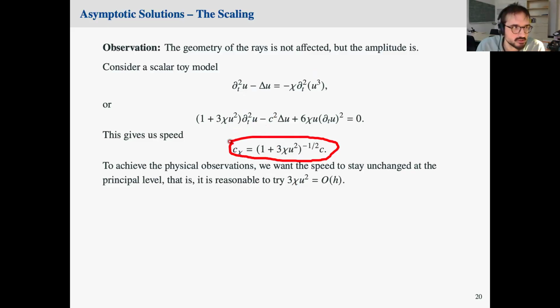This is not solving our initial equation or anything. But at least it gives you the idea that, if you want the speed to stay unchanged at the principal level, then you might want u squared to be O(h), because you have a u squared here. So basically you want the perturbation of that speed to be O(h).